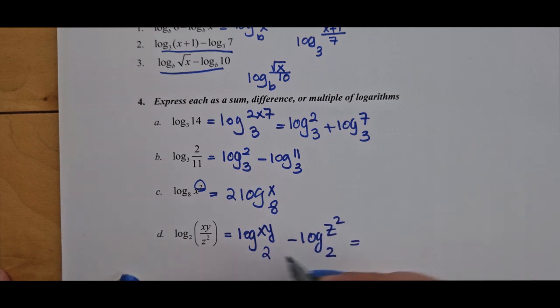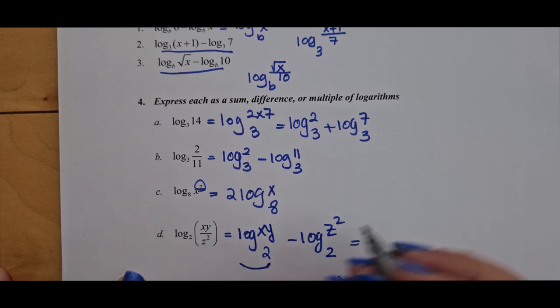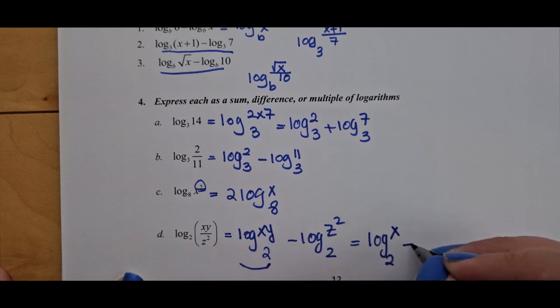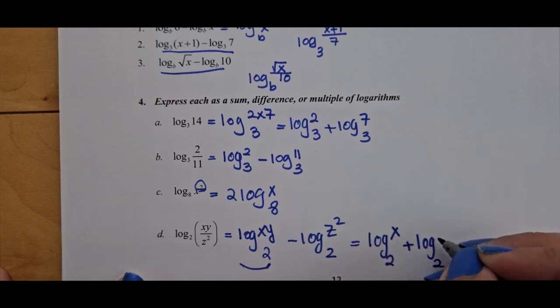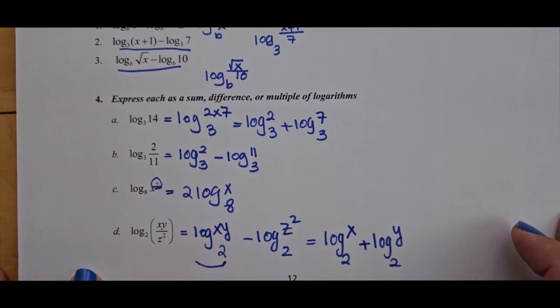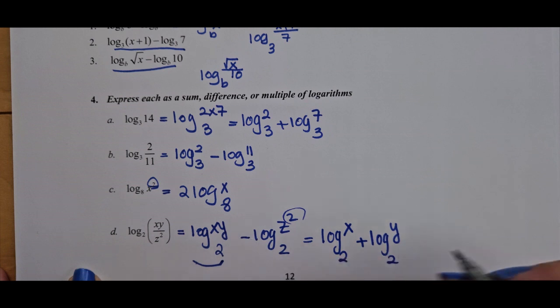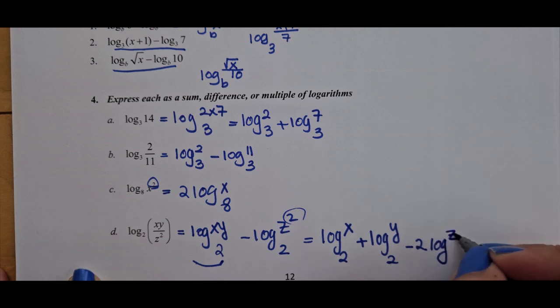Okay, now what do you have here? Product rule. So you can say log base 2 of x plus log base 2 of y, right? And here, remember this guy, this can move to the front. So that would be minus 2 times log z, the base is 2.